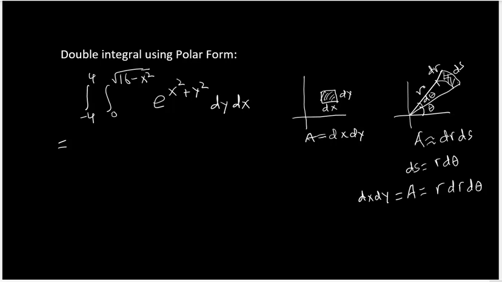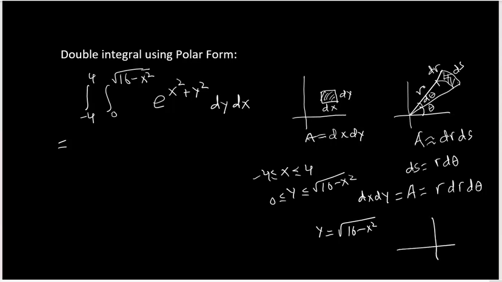Now let us look at what is going on with the limits. So x limit clearly we see is between -4 to +4, and y limit is between 0 to square root of 16 minus x squared. Now we understand that y equals square root of 16 minus x squared is a semicircle in the upward direction, this one, because it's very easy to verify.